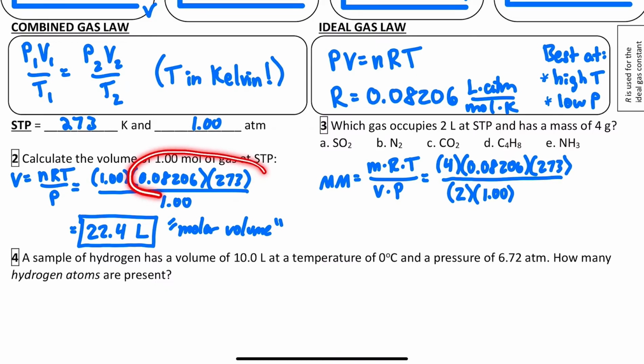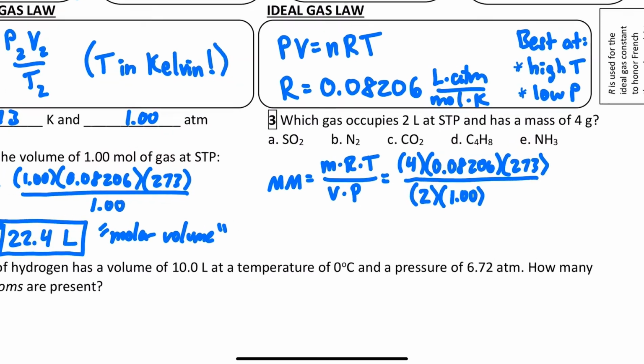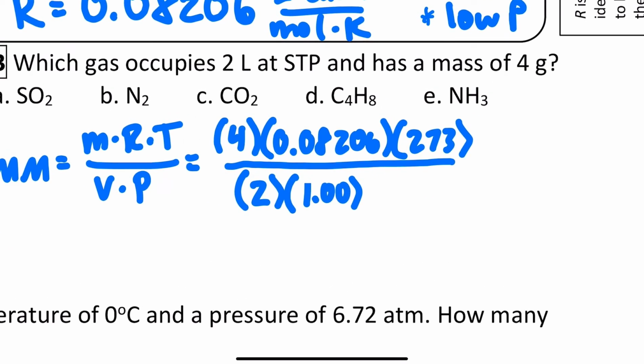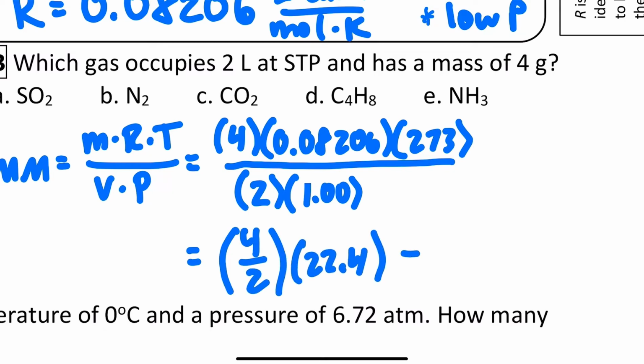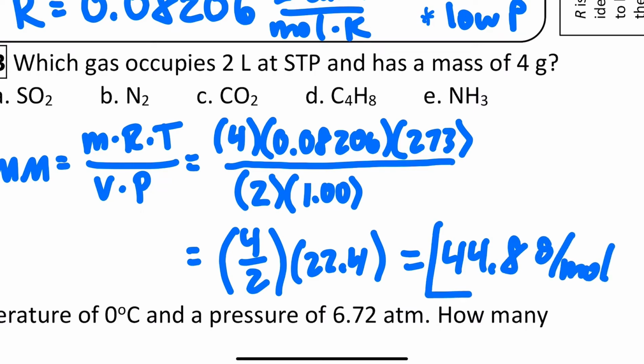We already figured out what 0.08206 times 273 is. We know what that is. It's the molar volume. It's 22.4. So I can actually rewrite this as 4 over 2 times 22.4, which is just 2 times 22.4. So I get 44.8 grams per mole.